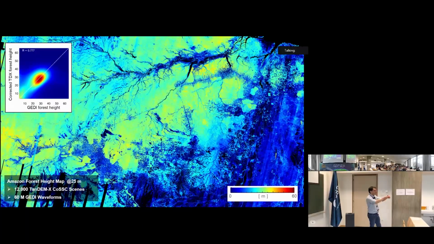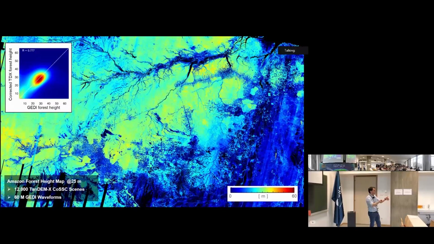Between one orbit and the next, your relationship between coherence and height changes, but the change of mean profile is not as large. So this game of having just one mean profile per scene finds its limitation here. But as I said before, you can still take the GEDI heights and try to compensate residual biases in some way.